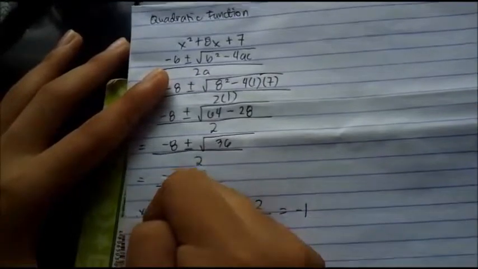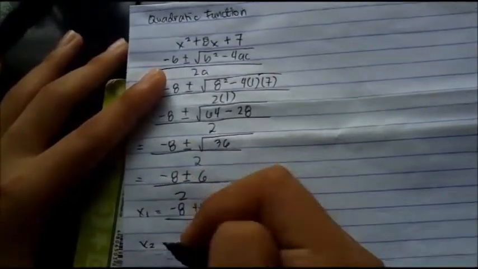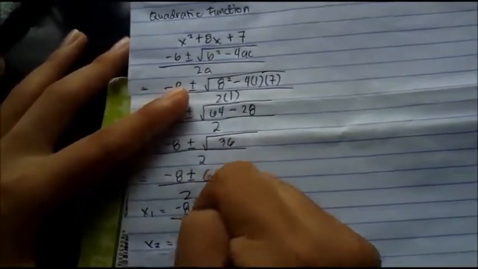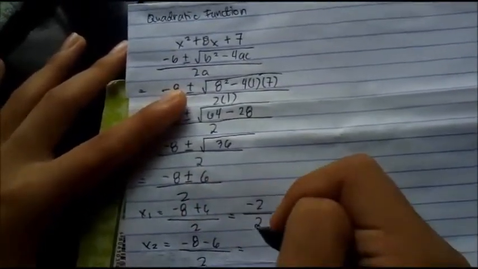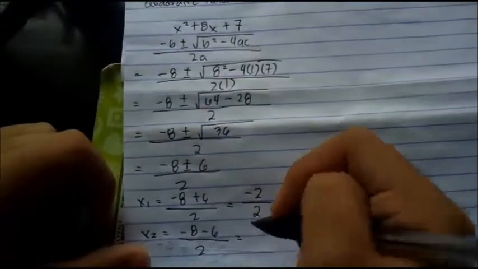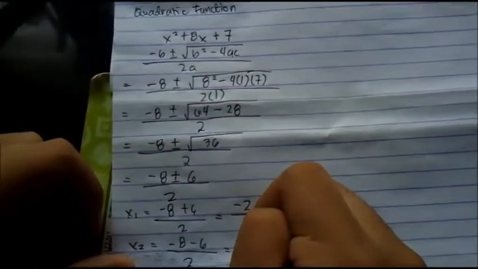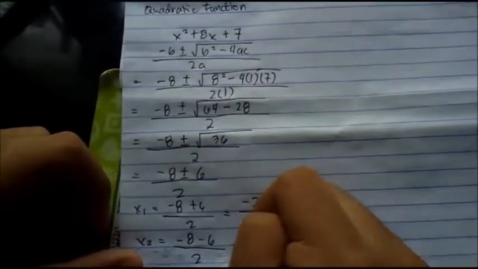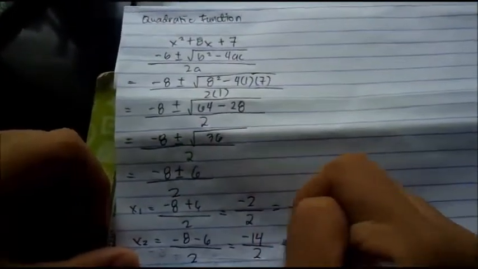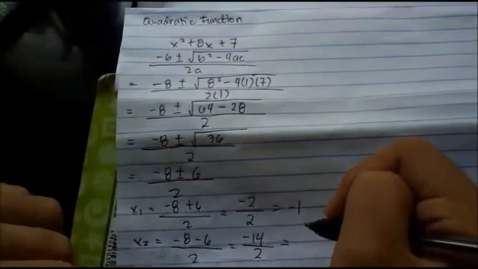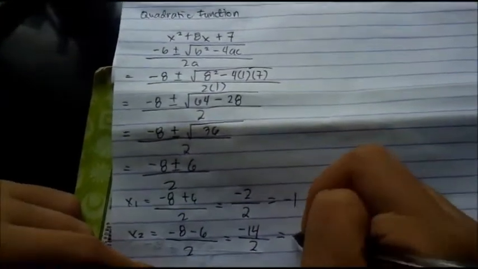So for x2 equals negative 8 minus 6 over 2, negative 8 minus 6 equals negative 14, over the copied denominator 2. Negative 14 divided by 2 equals negative 7.